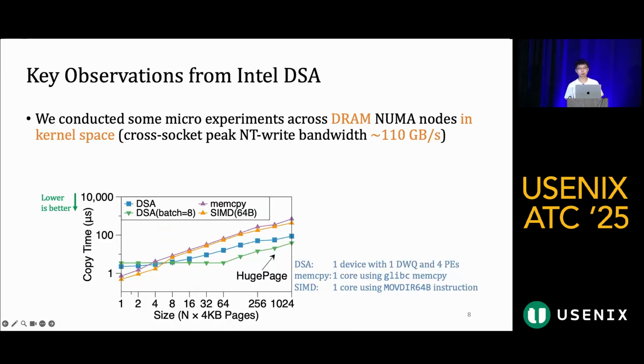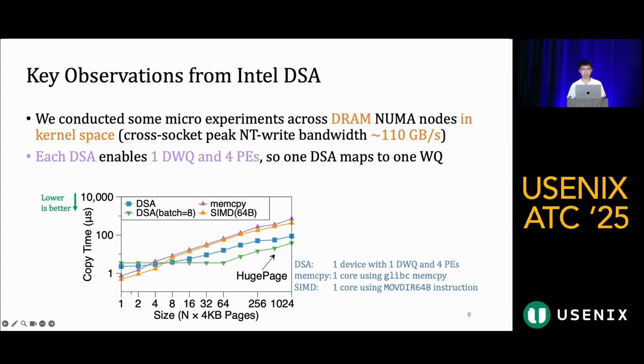To reveal the potential of DSA in tiered memory systems, we conducted a series of micro-experiments across DRAM NUMA nodes in kernel space. We tested on a dual-socket server, and the cross-socket peak non-temporal write bandwidth is about 110 gigabytes per second, measured by Intel MLC.